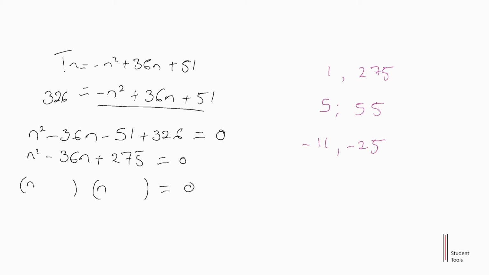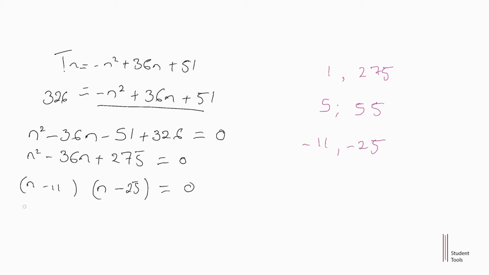And also negative 11 and negative 25 added together is equal to negative 36. So here we will have negative 11 and here we will have negative 25. So these are the two factors of 275 that we are going to use. So now we have factorized this.